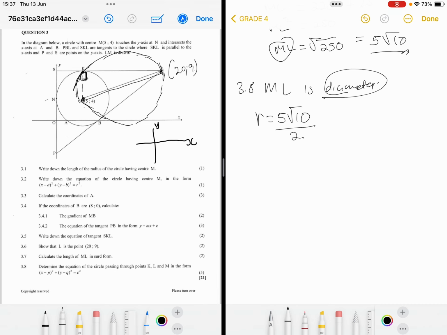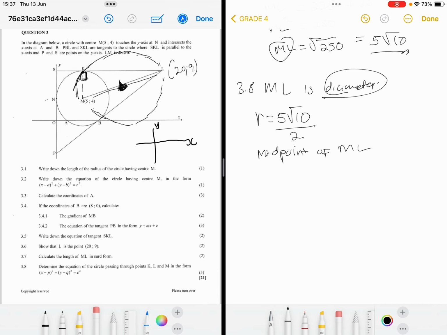So we need the middle of that, the coordinates in the middle. It will be a midpoint. So the coordinates of the center will be the midpoint of ML.